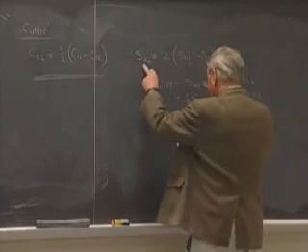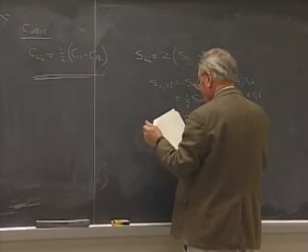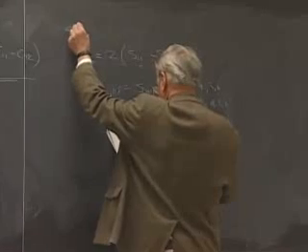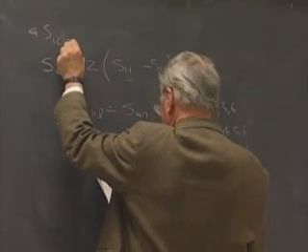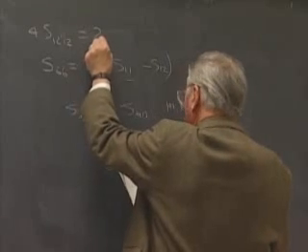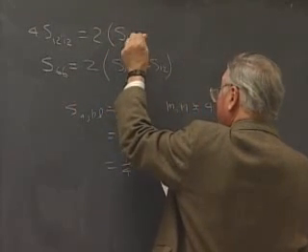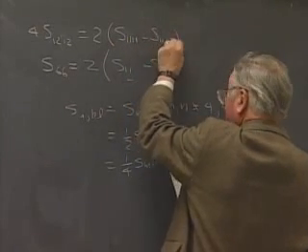So S66 here is actually 4S1212, and that's supposedly equal to 2S11, which is really S1111, minus S1122.